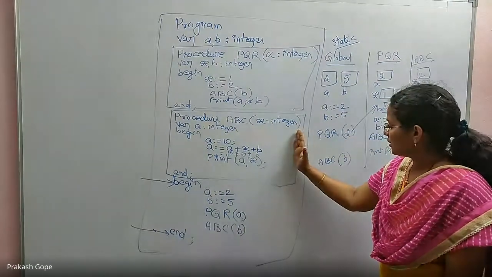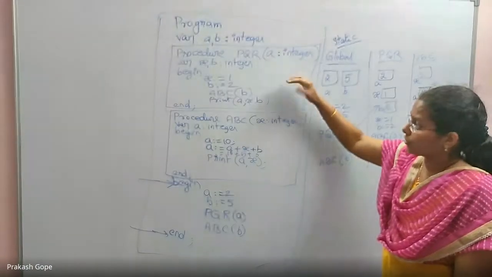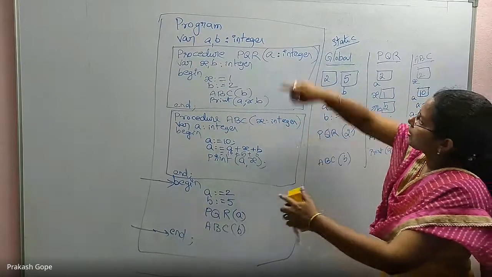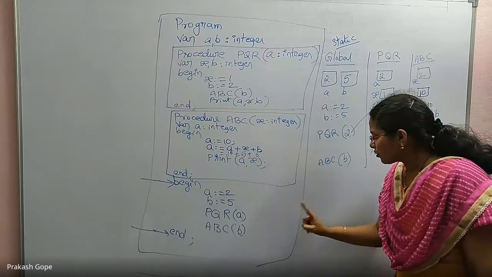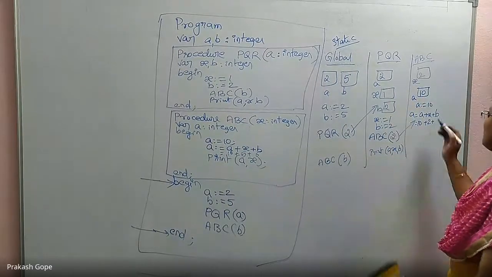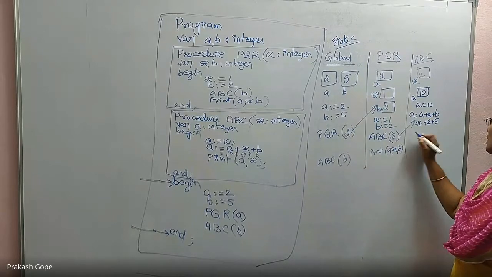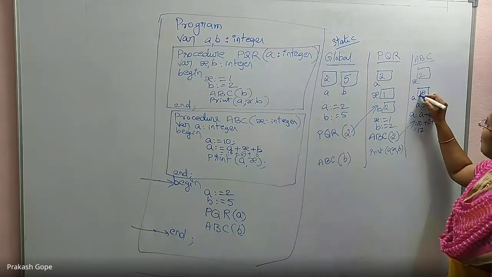This box is present in the global box, not in PQR's box. PQR's box is a different one, and the ABC box is a different one, both present in the global box. So its outer block is global, and the global program's B will be accessed. The global B value is 5, so the total is 17. 17 will be the value of A.